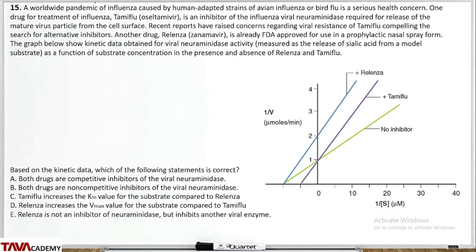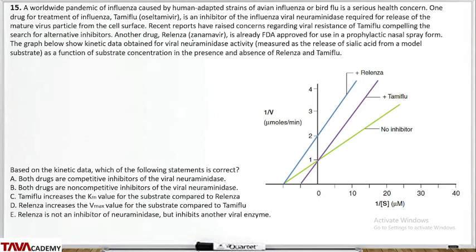Then question 15. A worldwide pandemic of influenza caused by human adaptive strains of avian influenza or bird flu is a serious health concern. One drug for treatment of influenza, Tamiflu, oseltamivir, is an inhibitor of influenza virus neuraminidase, required for release of the mature virus particle from the cell surface. Recent reports have raised concerns regarding viral resistance to Tamiflu, compelling the search for alternative inhibitors.